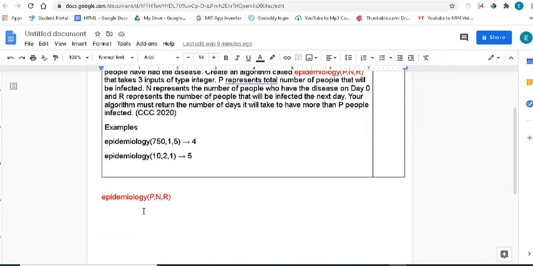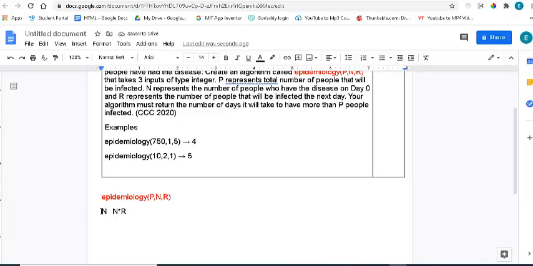We start at day 0 with n people infected. Each of these n people can infect r people the next day only. So the next day, we are going to have n times r new people infected, and the total number of people infected is n plus n times r. Another day has passed.